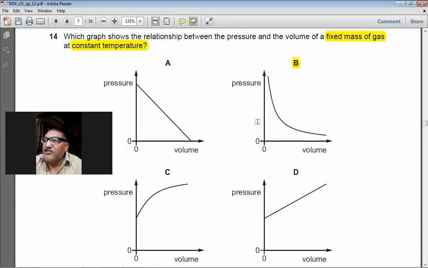This is the famous graph between two quantities which have an inversely proportional relation. So the graph is always like this. Many people confuse inversely proportional with diagram A, but diagram A is not the graph for inversely proportional. The graph for inversely proportional is B. Don't forget it. So B is the option, question number 14. Question number 14, B is the right option, sir.